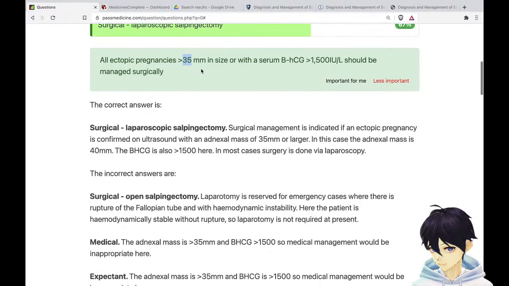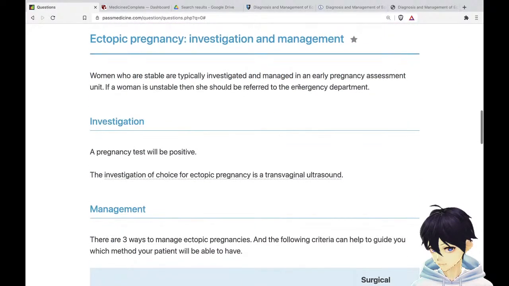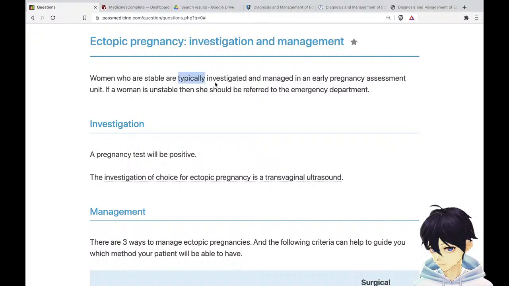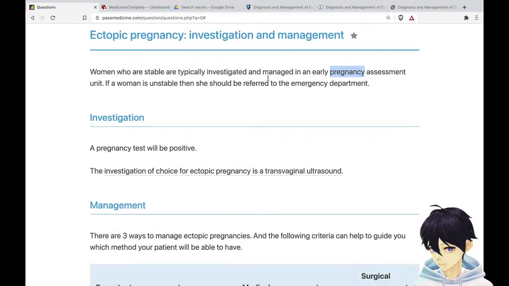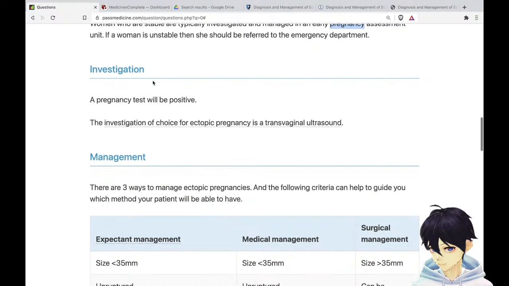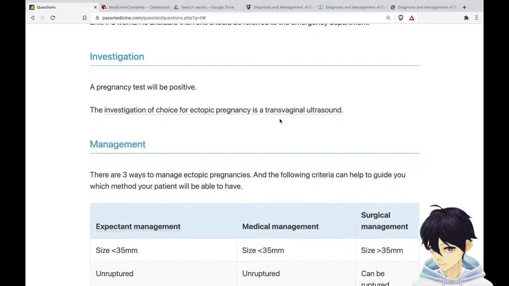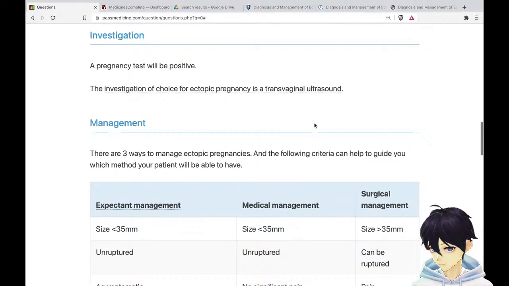More than 35 mm, surgical. Okay. Women who are stable are typically investigated and managed in an early pregnancy assessment unit. If a woman is unstable, then she should be referred to the emergency department. Investigation: a pregnancy test will be positive. The investigation of choice for ectopic pregnancy is a transvaginal ultrasound.